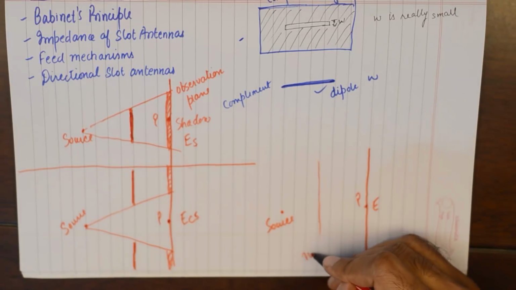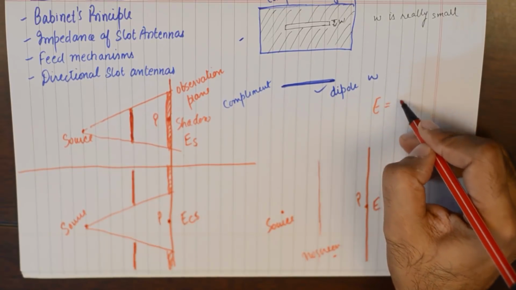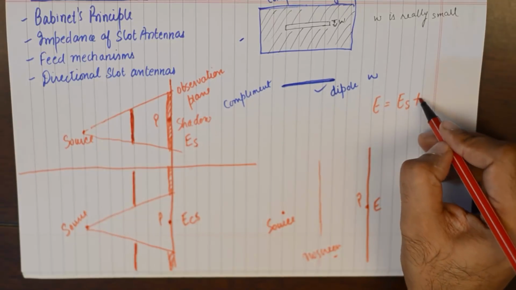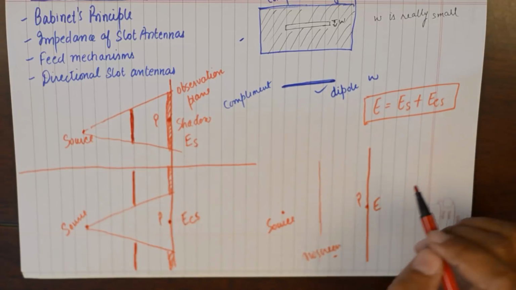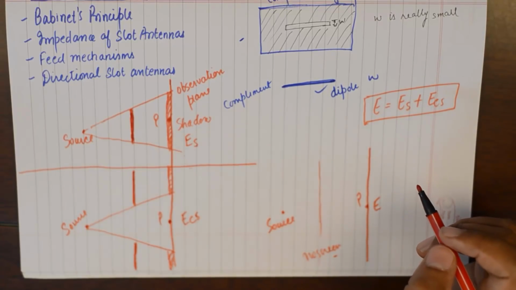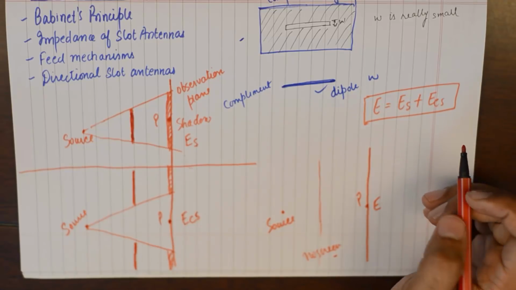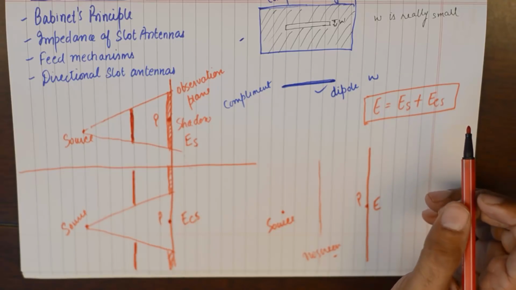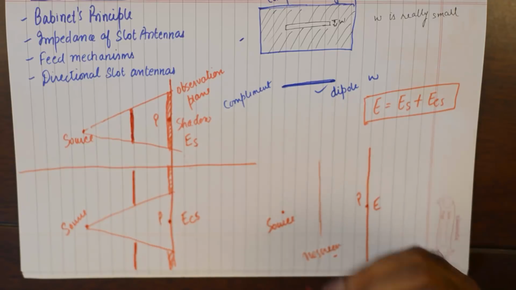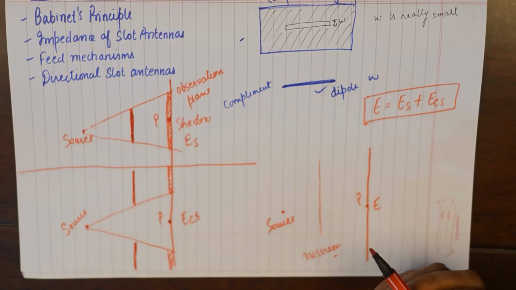So we have no screen here. So this E is equivalent to E_S plus E_CS. This is the mathematical expression of Babinet's principle. Of course, this holds true for vector quantities too, which will make more sense when we move this optics principle to electromagnetics.